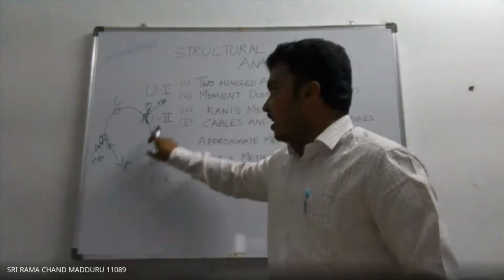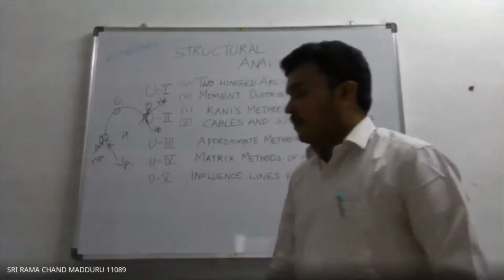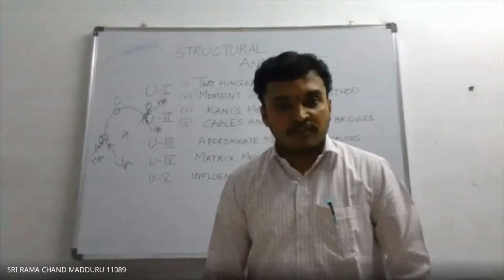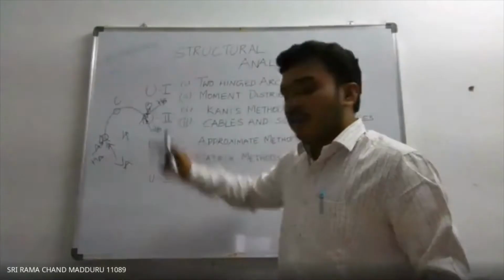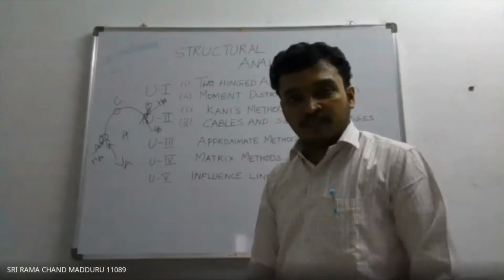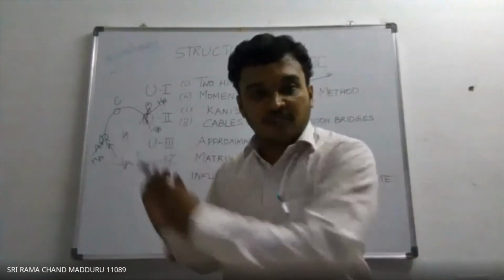Now total how many unknowns are there? There are total 4 unknowns. The unknown forces are HA, VA, HB, VB, 4 unknown forces. Now how many equations of equilibrium are there for a plane structure?